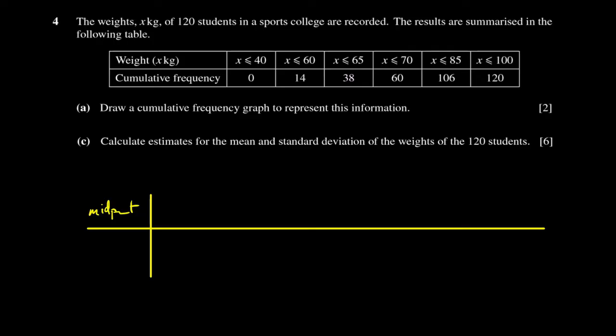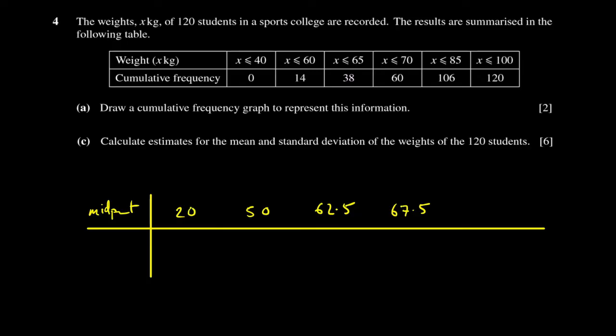Okay. And so the midpoint between 0 and 40 is going to be 20. And then I need the midpoint between 40 and 60, and that's going to be 50. And then I need the midpoint between 60 and 65, which is going to be 62.5. And I need the midpoint between 65 and 70, which is 67.5. Between 70 and 85, if I want to do that, just add them up, I think.